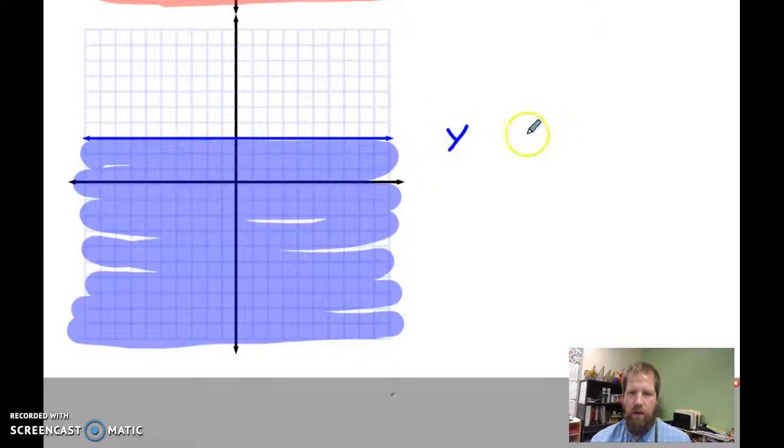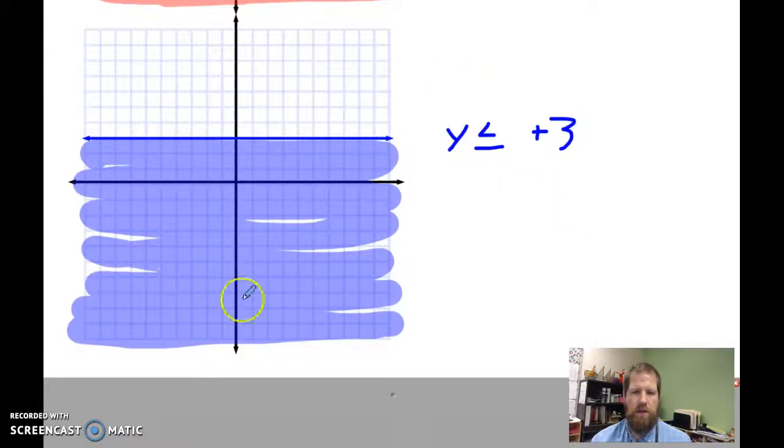Our y-intercept is going to be at 3. Our slope, it's a horizontal line, so our slope would be 0, which means we don't even have an x. All right, and then we're shaded below the line, so it's going to be less than, and it's a solid line, so it'll be less than or equal to.